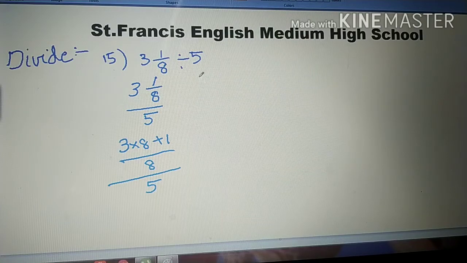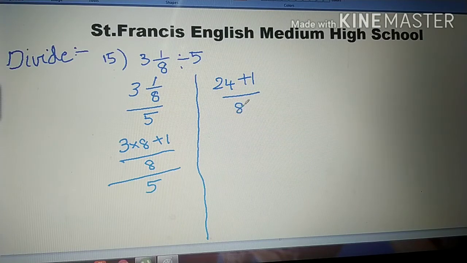Now see, now our next step will be, see this one. So 3 into 8, 24 plus 1 divided by 8, and this whole divided by 5. So in the denominator nothing is, means 1. Okay, see, now see, 24 plus 1, 25, that is divided by 8.